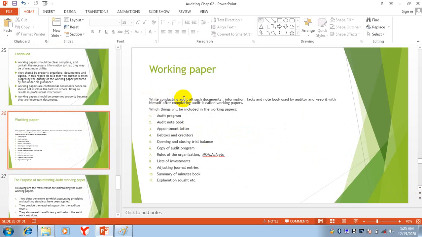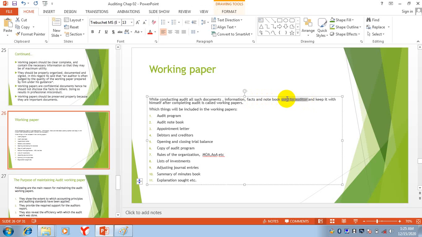While conducting the audit, all such documents the auditor is using, all the information he is demanding from the company regarding different things, he is using different facts and figures. And he is using the notebook, just like we studied, used by the auditor.